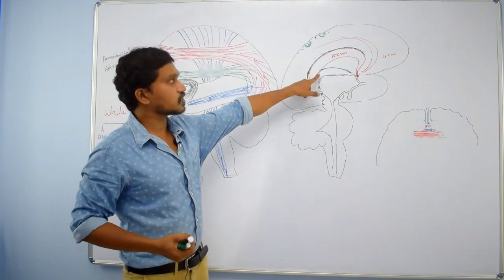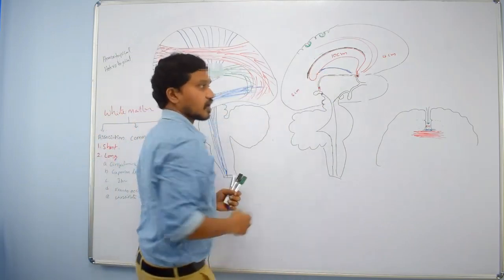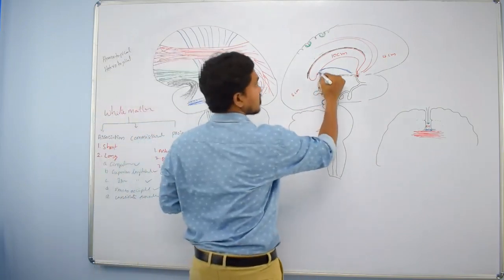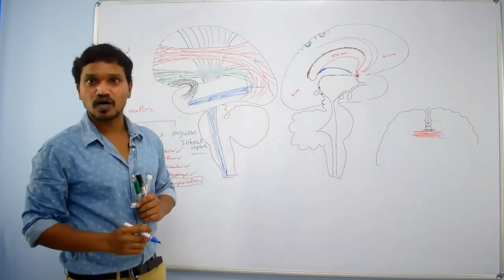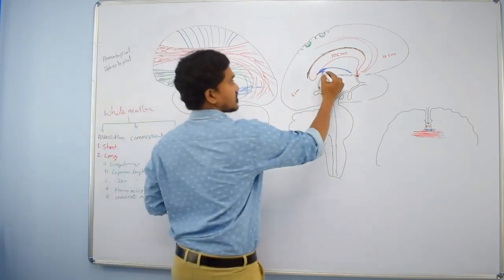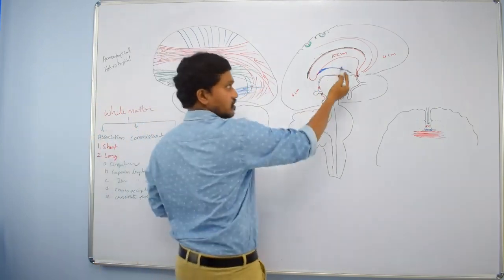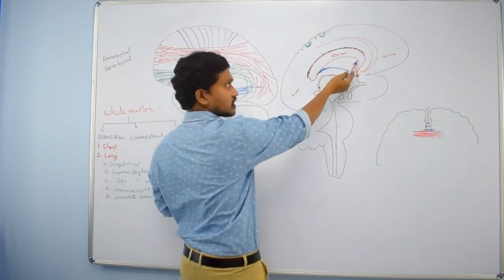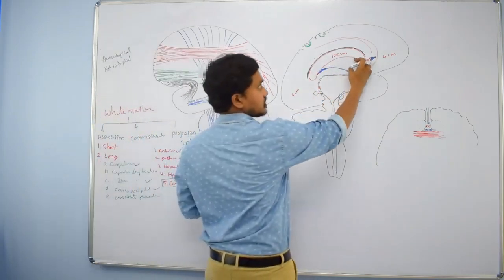Actually in the posterior part, the inferior surface of corpus callosum is in relation with the crura of fornix. It is intimately related. But in the anterior part, these columns and the concave inferior surface are separated by some distance.